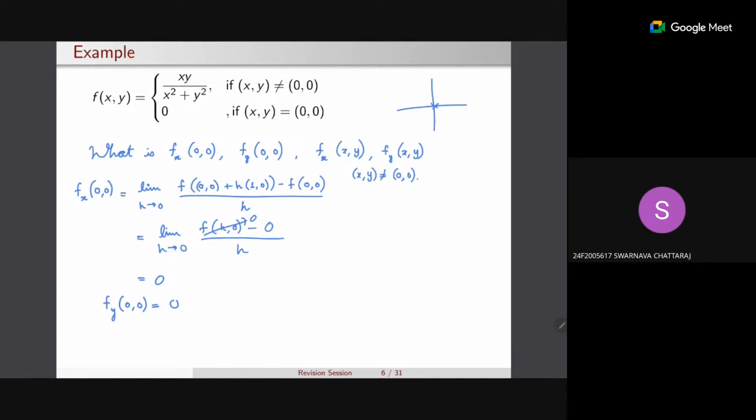What is fx at x, y and fy at x, y? We can do the same thing and go through all these computations, but in this case we'll not have the comfort of having f of this part be 0. So I'll postpone this to a bit later, where there is another convenient way of computing.